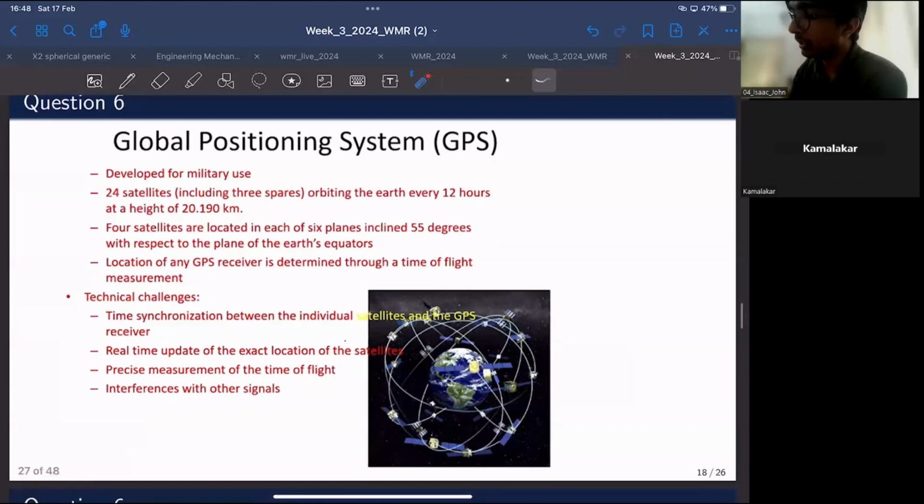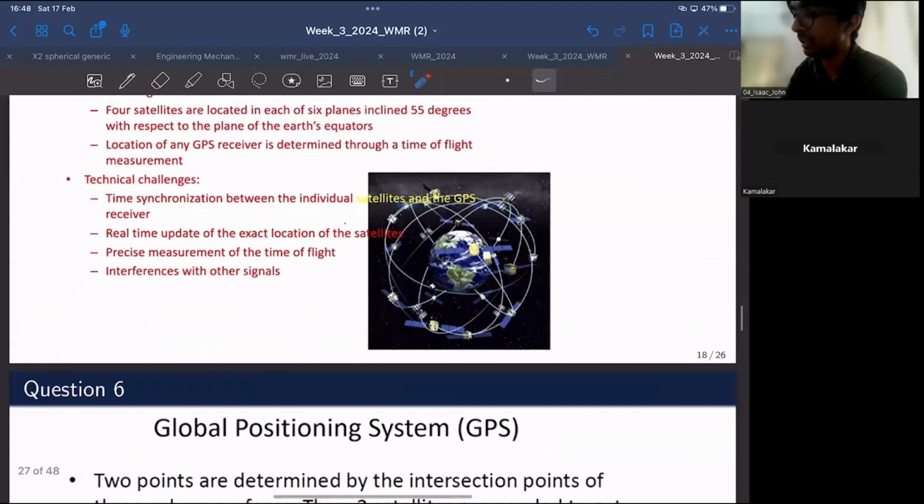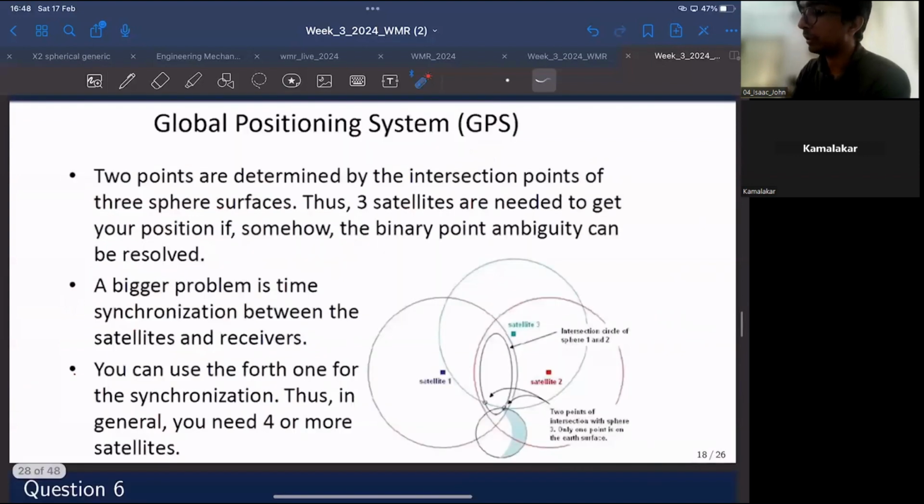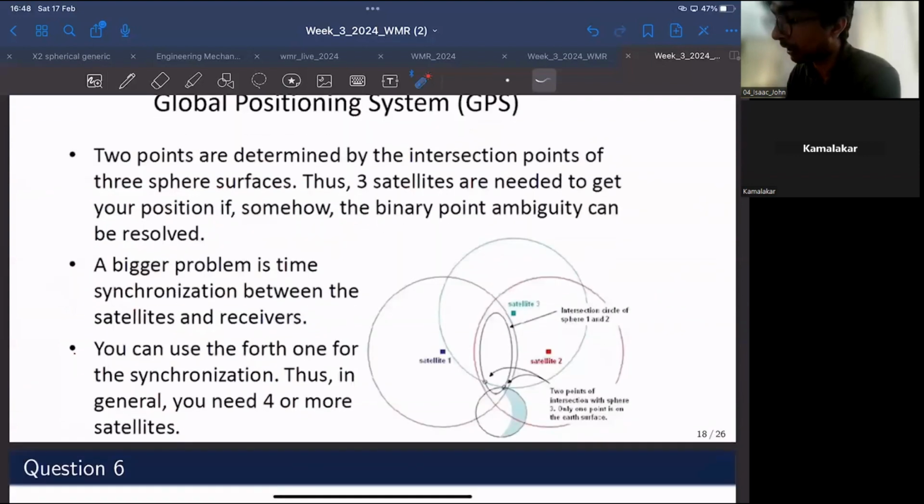And the principle is elaborated on this slide. If you consider three satellites, one over here, another here, and another here, this is satellite one, this is satellite two, and this is satellite three. Each of the satellites transmits some signal, and the receiver on Earth captures these three signals.